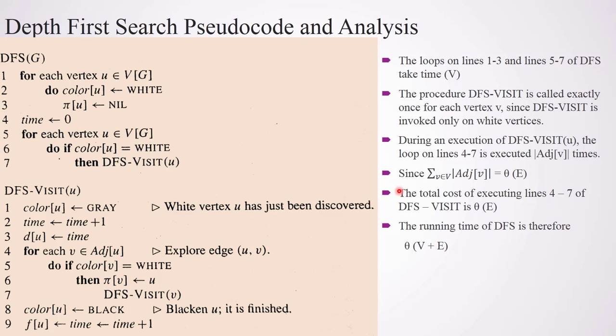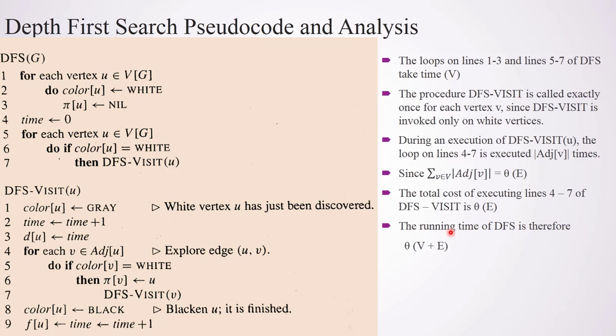So we visit each and every vertex once, and when we visit each vertex, we traverse its adjacency list once. So the total cost of executing lines 4 to 7 is theta of E, because it is the total length of the adjacency lists.